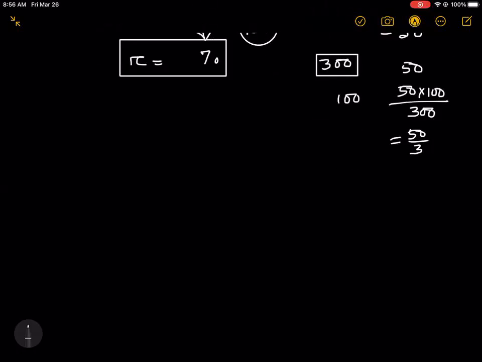So if we divide it, I guess it should be 16.66, I believe. Let me see. 50 divided by 3. Yeah, 16.67%. So this should be our R.